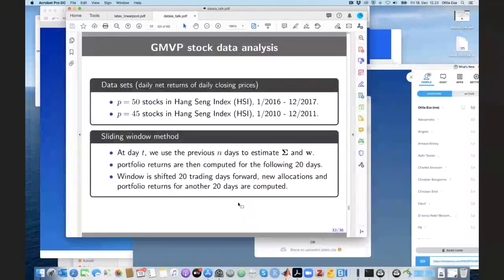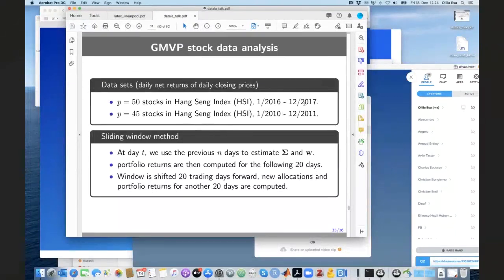I'm testing our estimator on real stock data. I have net returns of 50 stocks from the Hang Seng Index in the period from 2016 to 2017, and then from 2010 to 2011. These periods are quite different because, as you recall, in 2010 and 2011 we had a crisis in the stock market, so there's clearly more volatility in this data.